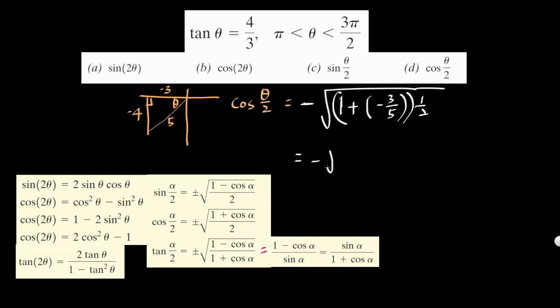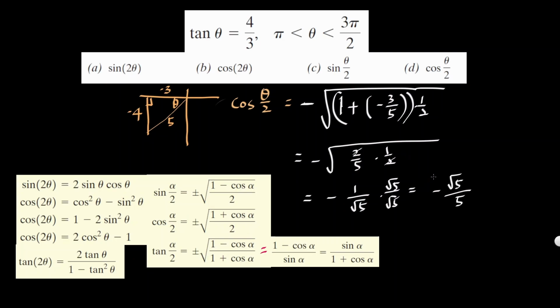And negative stays outside. What is that? That's 2 over 5 times 1 over 2. 2's cancel. It's going to be negative 1 over, square root of 1 is just 1, so 1 over square root of 5. When you rationalize the denominator, it's going to be negative square root of 5 over 5. Okay, so that's the answer to part D.